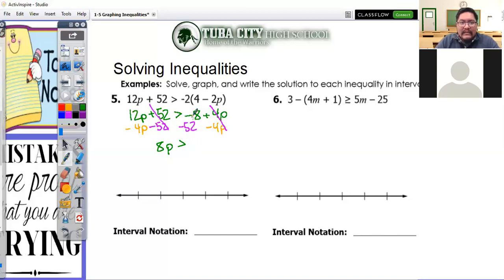Now, here I have a negative 60. And this looks like it's gonna be another fraction, maybe. And just to make this one a little bit simpler, I'm gonna go ahead and divide both sides by 8. And I would hope that you don't use a calculator for everything, all right?